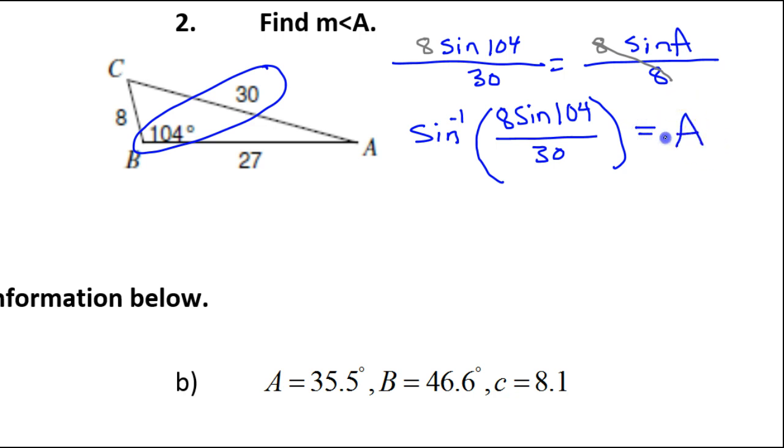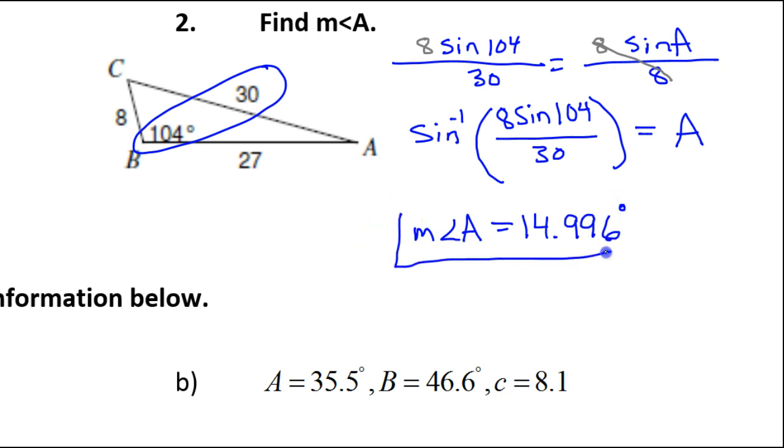That will give me angle A. I'm just going to put this entire expression in my calculator all at once. So I discover that the measure of angle A is equal to 14.996 degrees. And that's the answer to number 2.